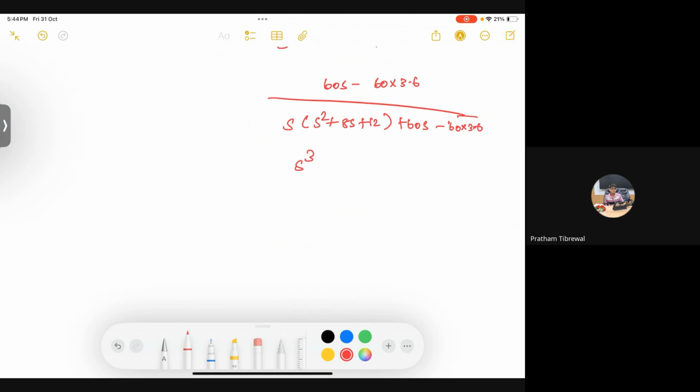Not stable. Okay. S cube plus 8s square plus 12s plus 60s minus 60 into 3.6. So here itself we found that it is not stable because there is a negative term here, right? So this becomes s cube plus 8s square plus 72s minus some term. This minus will make the poles go to the right of the s-plane. That makes the system unstable. Right. It's correct.